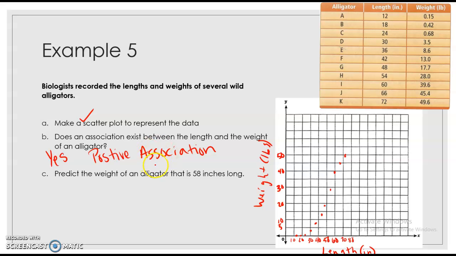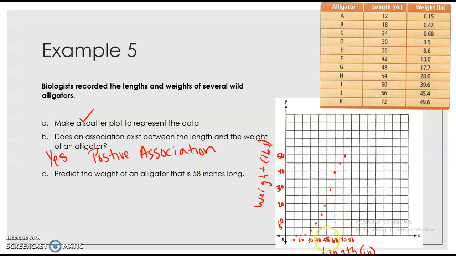It is not wise to abbreviate that word, by the way. Not at school, anyway. I would say it's positive because as our alligator gets bigger, its weight increases.